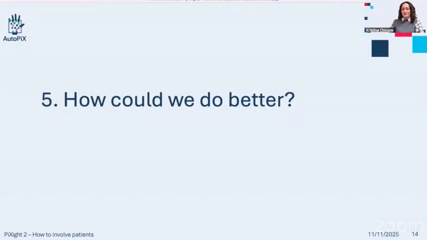Some of them mentioned that a package of resources needed to be developed so they can have constant access to materials that facilitate their involvement. From the researchers, sometimes when we speak to them, they say that they have no clue about where to involve the patients or how to involve them or what tasks could be beneficial to gain from the patient input.